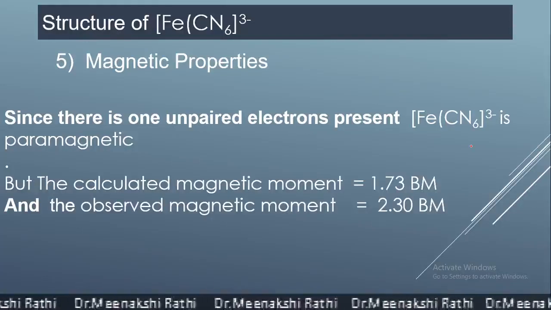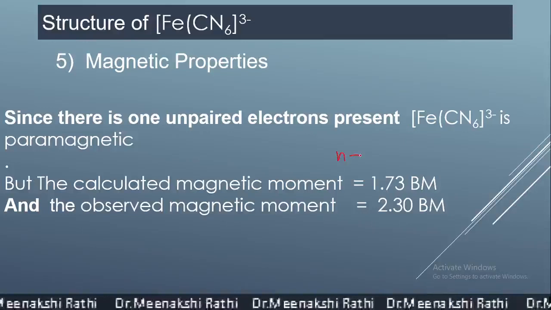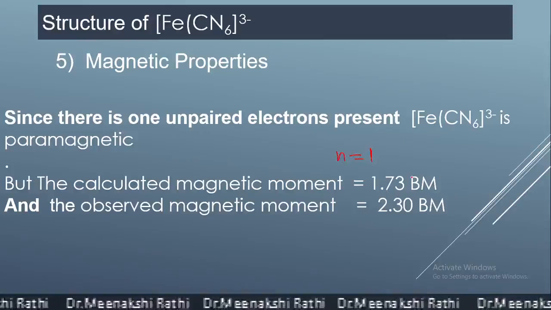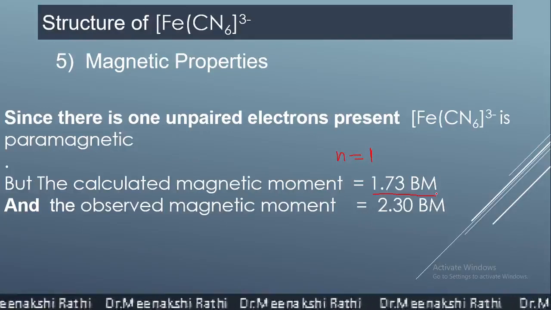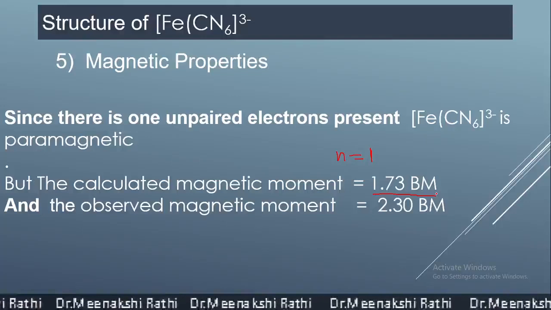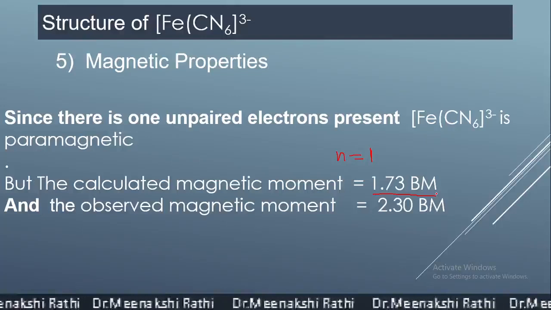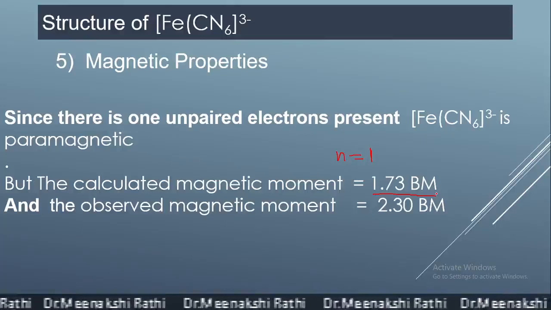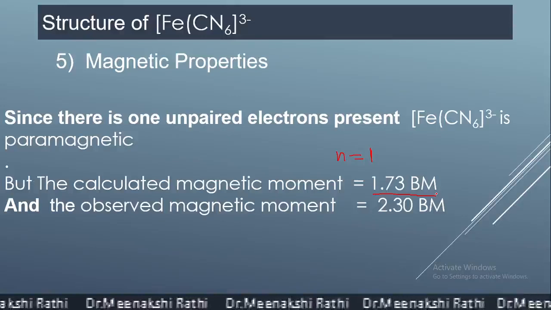Here, the calculated magnetic moment for one unpaired electron should be 1.73 Bohr magneton, but it does not match the observed magnetic moment, which is 2.30 Bohr magneton.